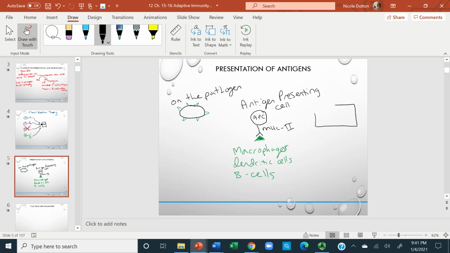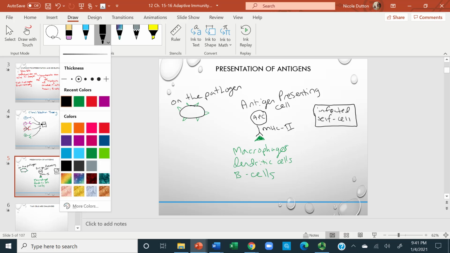So you have this infected self cell. And the infected self cell has something inside of it, typically a virus, and there's some intracellular bacteria as well, and other types of pathogens that can live out inside your cells, but a lot of times it's going to be a virus. So let's say that there's a virus inside of here.